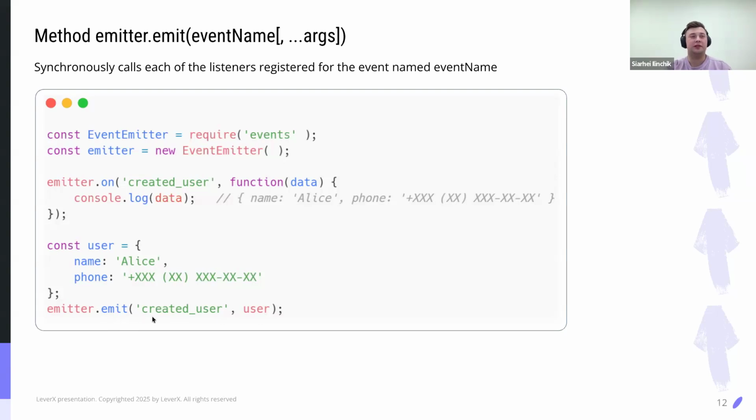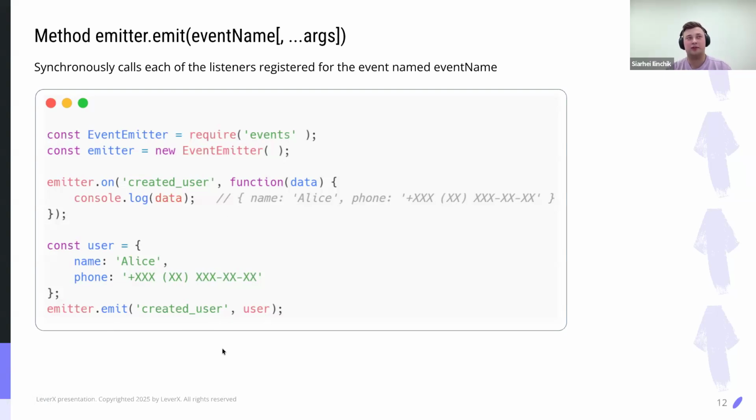After we do the emit of created user, we instantly go to our event listeners, which were registered at the time being, and we execute the logic synchronously. So this example can teach you that in order to have the event listener triggered, we need to register this event listener before we are emitting the event.